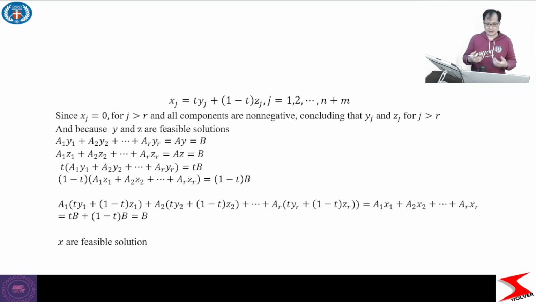We just make some assumptions. Now j is from 1 to n plus m, and all of the Xj fulfill the same relationship from Y and Z. Because Y and Z are now feasible solutions, we put Y into the system of equations and Z into the system of equations.